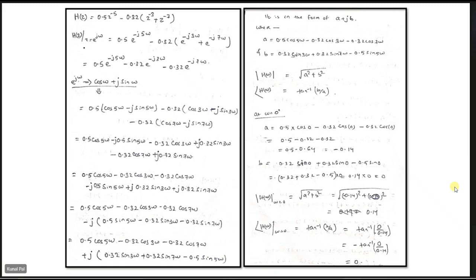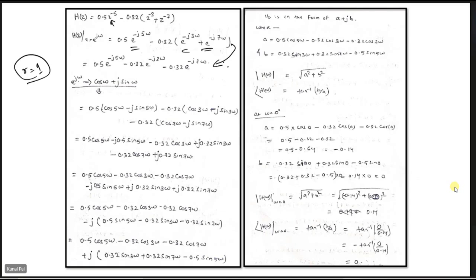So for H(z), we have to replace the z terms with e to the power j omega, and accordingly we have replaced all these things. Why have I not taken any other circle? The R is 1, right? I have already told you. Once you do this, you get to this equation.